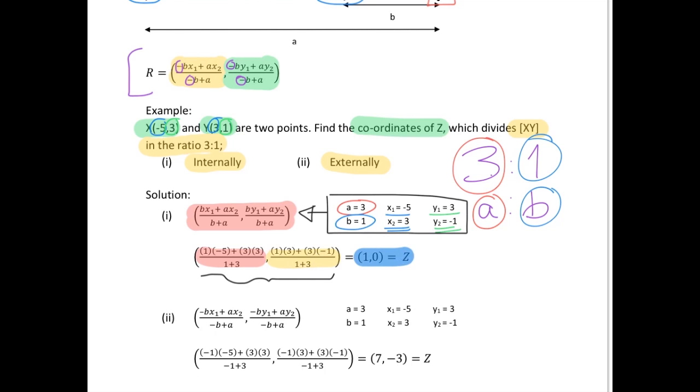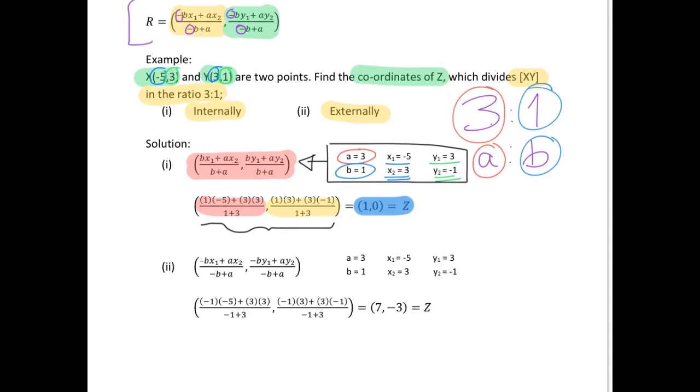The second part of the question is done very similarly, but we just have to keep in mind that now our formula is the external ratio formula. All of our values for a and b, x1, x2, y1 and y2 have not changed. We're still using the same ratio a to b that we had above. So we just fill in all of those values, keeping in mind the difference now that there's a minus in front of all of our b's.